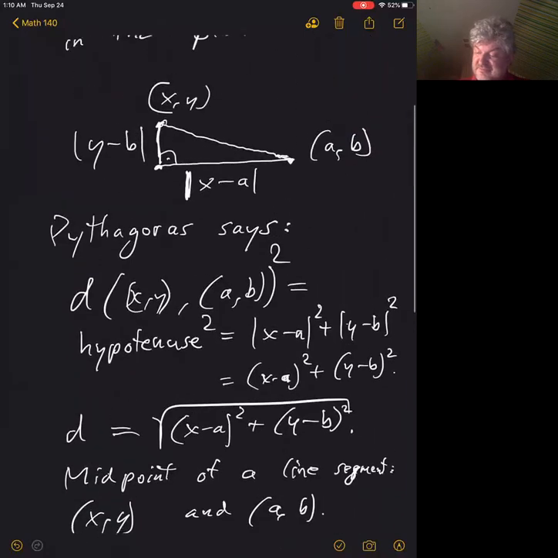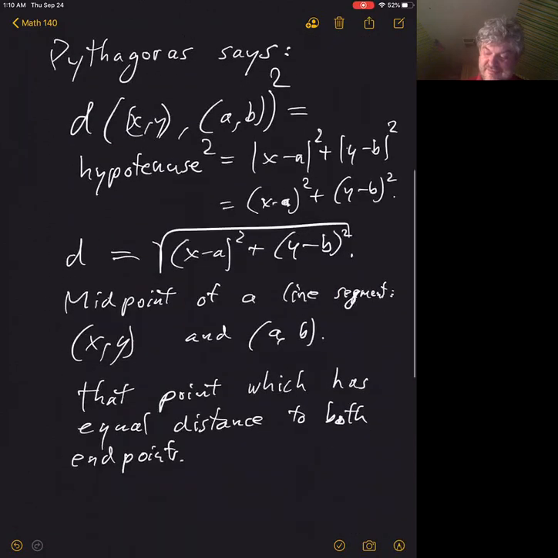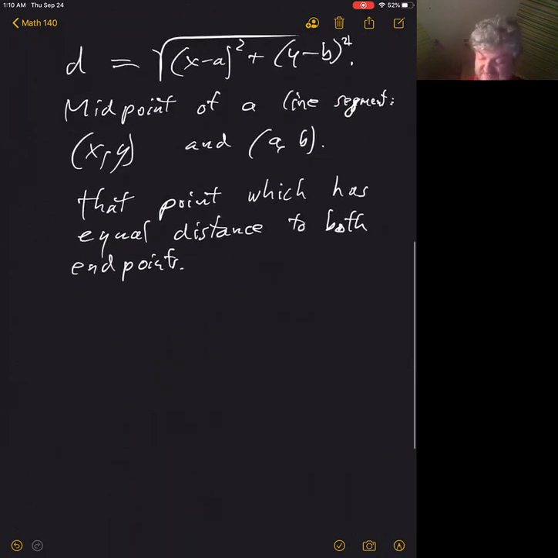I had this sketch, so I can't resist the temptation to sketch a midpoint of that hypotenuse. That would be about here, right? So we want a formula for this midpoint. And that formula is just simple and beautiful.